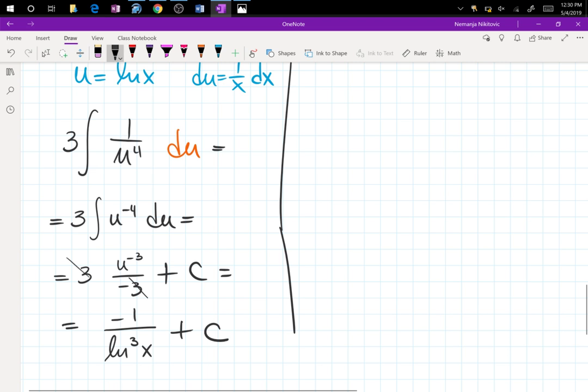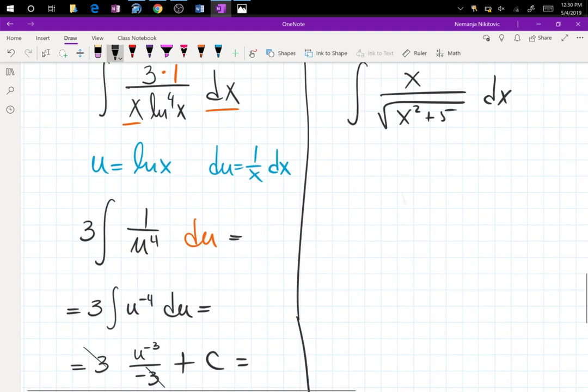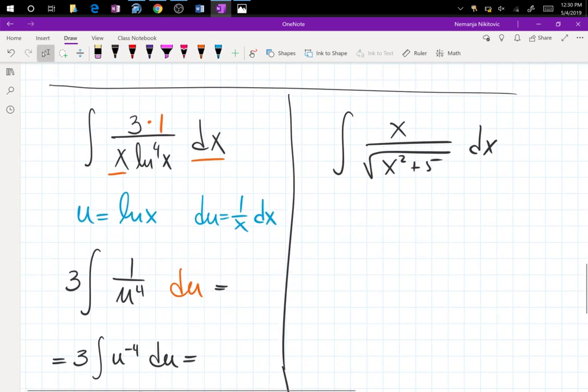Right, negative 1, because you have the negative still floating around, and the negative 3 exponent pushes u cubed into the denominator, and then it's ln cubed. Great.